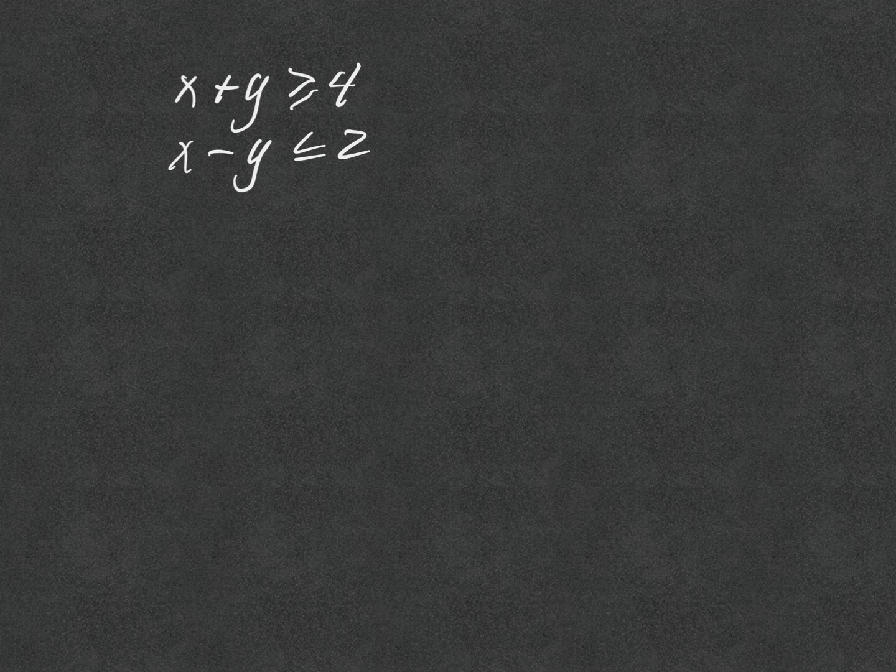Here's a system of linear inequalities. You actually have two inequalities. You could have more if you want, but most of the ones that we do have two inequalities with two unknowns. If you'll remember back in the last chapter, we graphed an inequality.